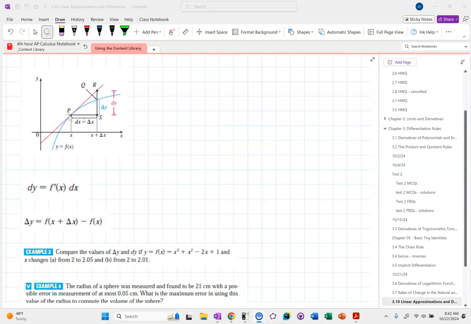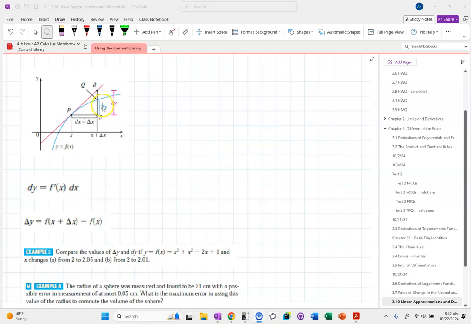So if I am looking at some point R on the linearization, means we've gone dx over and dy up, because the slope at P was the derivative of f at P, so dy dx.